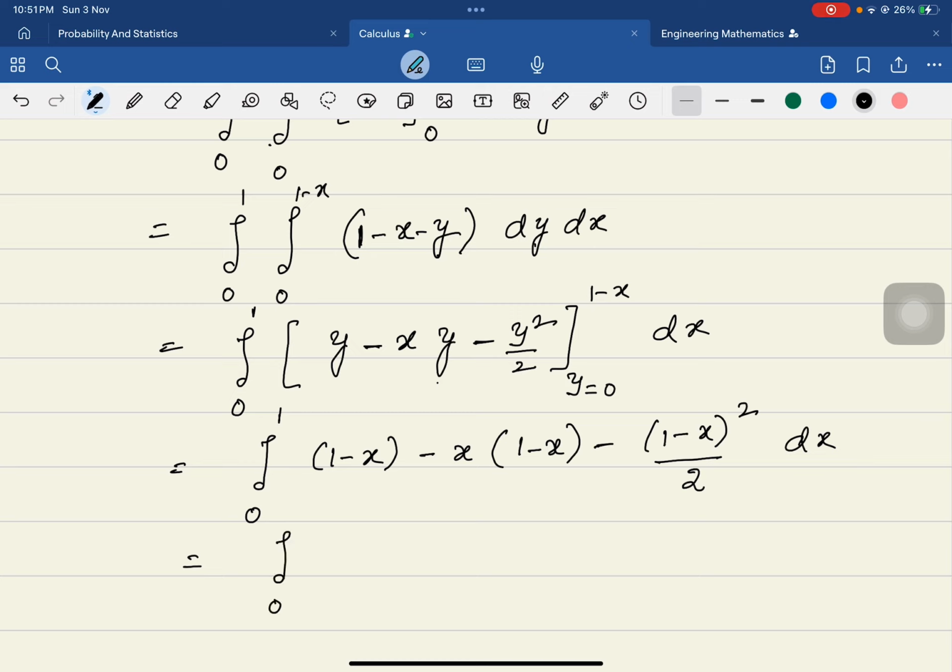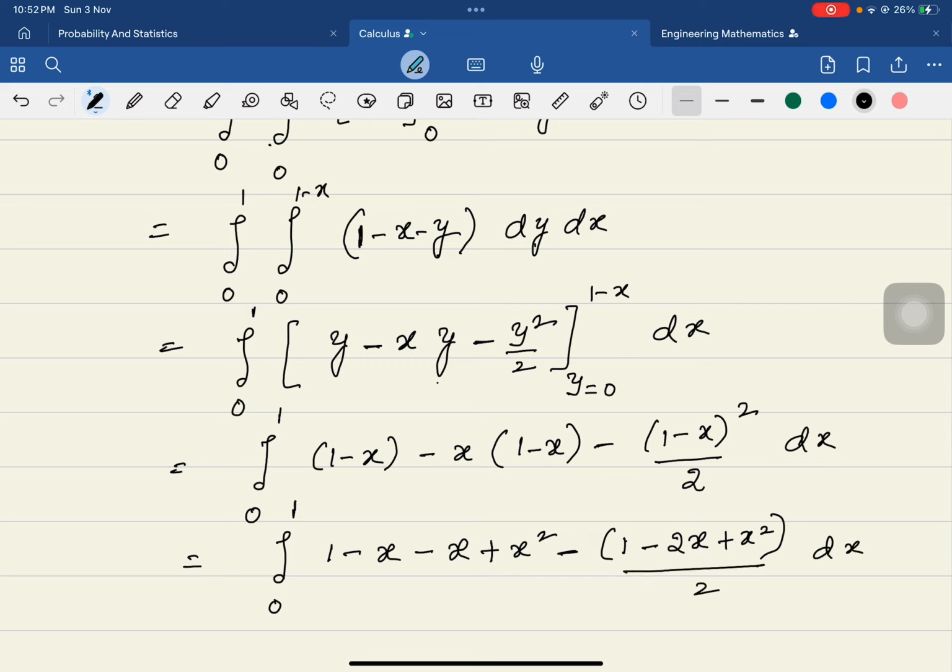So now it is integral 0 to 1. Let us simplify this. 1 minus x into 1 is 1 minus x, minus of minus is plus x square. Now, what is the expansion of this? 1 minus 2x plus x square over 2 dx. Clear?